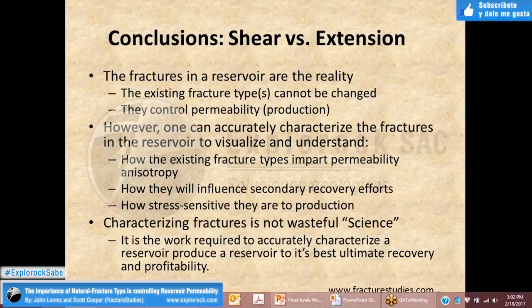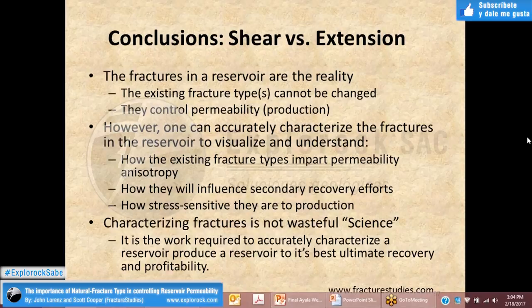And there's another question from Side. Could shear fractures inhibit frac hits? Yes, as Scott showed, the fracture type very strongly dictates the orientation of your interference between wells.